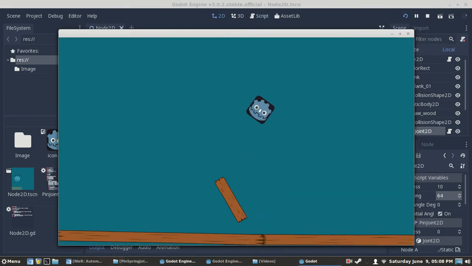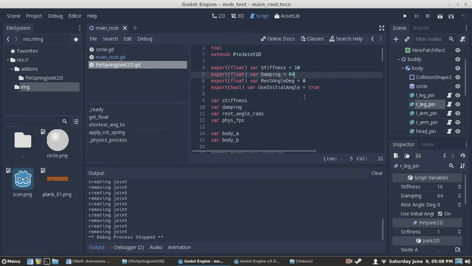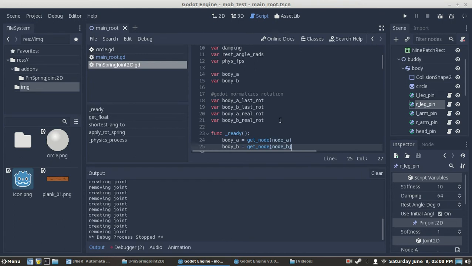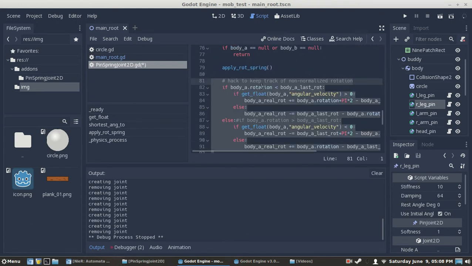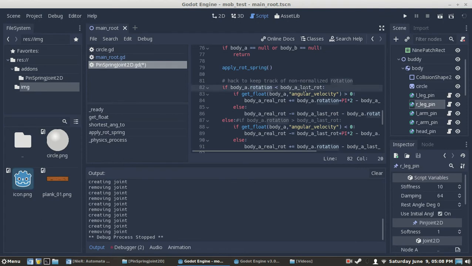So this works pretty much the same. I'll do it over here too. This was the hack I used: every frame I checked, did the rotation decrease, like is the rotation actually going down, or is the rotation positive but it decreased, which would mean it looped around.